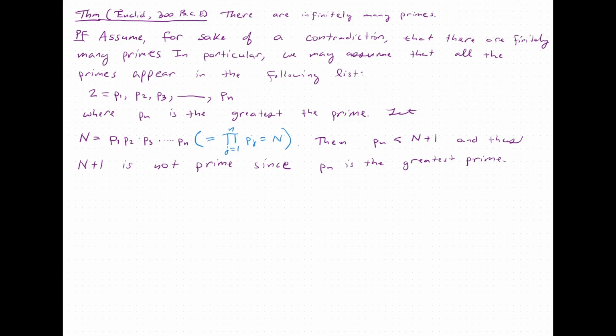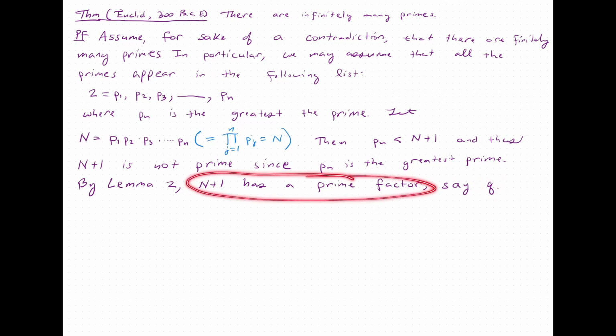And so in particular, by lemma 2, N plus 1 has a prime factor, say q. So here we're labeling q as the prime factor of N plus 1.